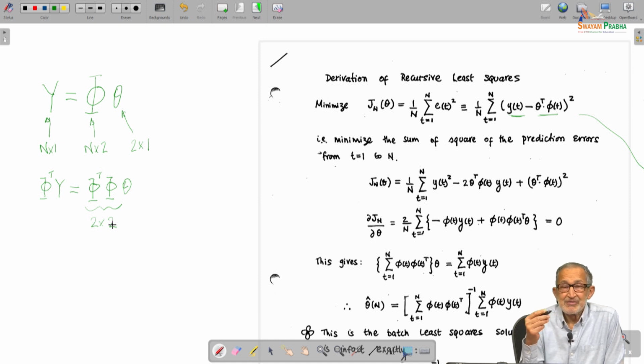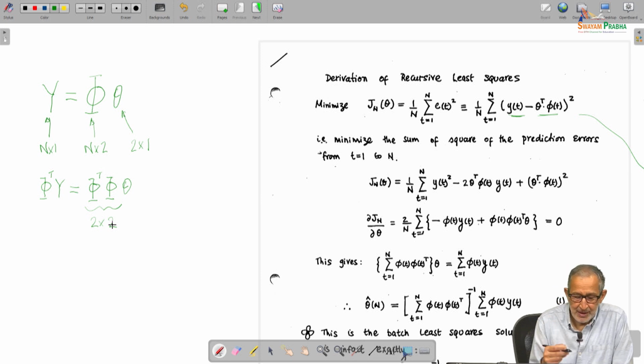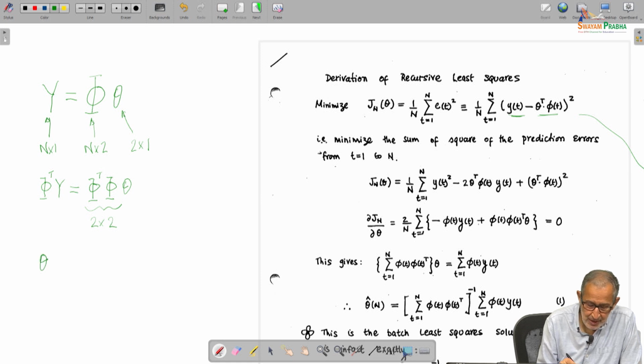If there is enough excitation in the input, it is also likely to be an invertible matrix, and therefore the estimate of theta will be phi transpose phi, its inverse, multiplied by phi transpose y.